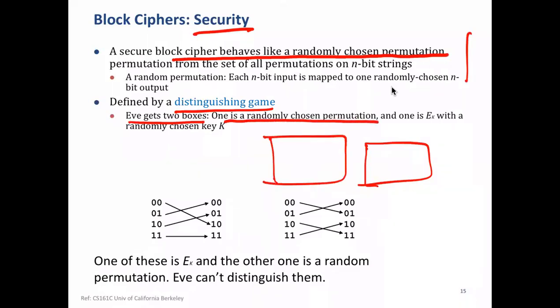One is a randomly chosen permutation, any permutation of whatever. The second is E_K, where this encryption is done using key K. Of course, Eve will not know what K is. If she gets these two boxes, she can't make out which is the random permutation and which is coming from some message being encrypted with key K.